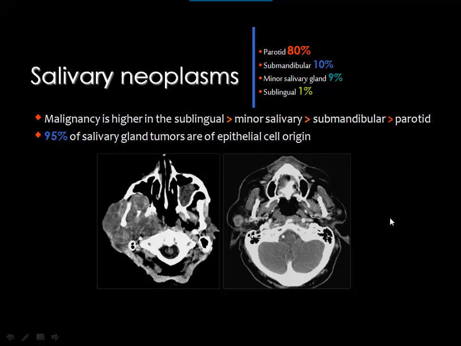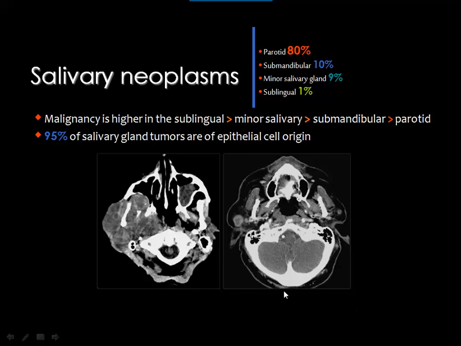The malignancy is on the opposite side. It is higher in incidence in the sublingual than the minor salivary, than the submandibular and the parotid, meaning that the incidence of benign tumors in the parotid is more than the incidence of malignant lesions.